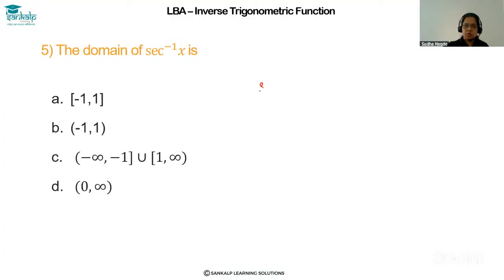Okay, how do you define sec x? What's the domain? Secant x is defined from 0 to pi, correct? Since it is not defined at the point pi by 2, you have to eliminate that, so it is R minus the open interval minus 1 to 1.